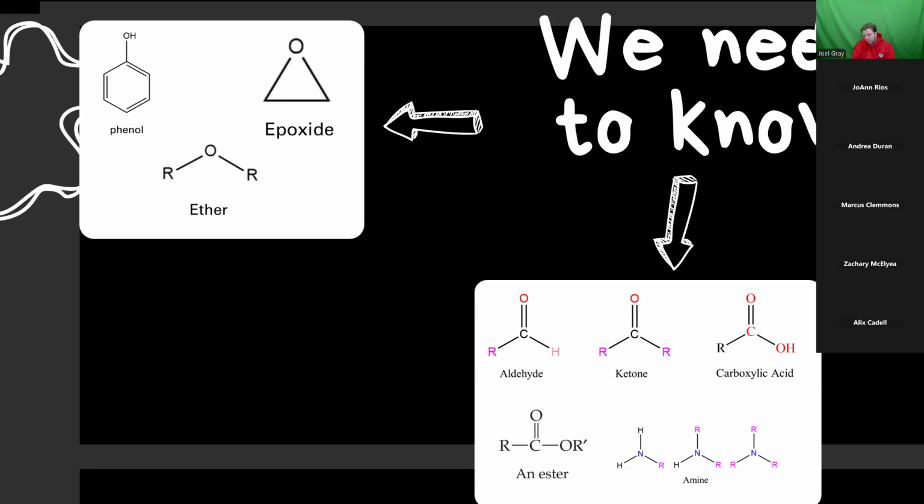Thinking back to our first poll question today, which was about lone pairs of electrons, and as a little bit of a hint, but also a reminder, this epoxide has two lone pairs of electrons, and the hydroxide on phenol has two lone pairs of electrons. What do we know about a molecule that has lone pairs of electrons on an oxygen?